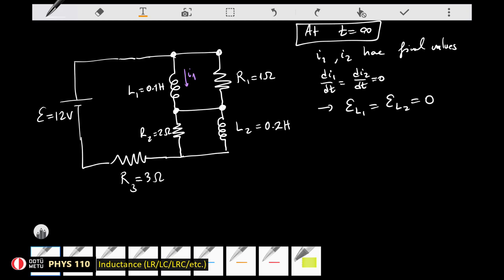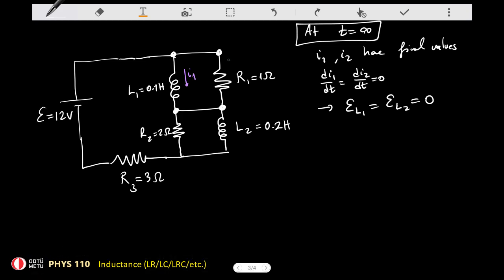let me do it like this. Let's just call this, for example, I3. So that's basically VAB divided by R1. So this point is A, and that point is B. This is just a wire, so it doesn't matter which point B refers to, both of them have the same potential.